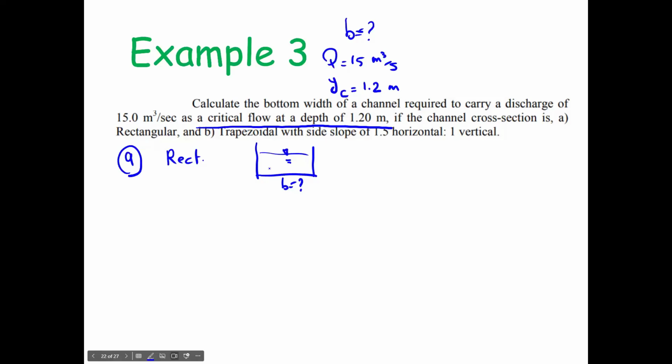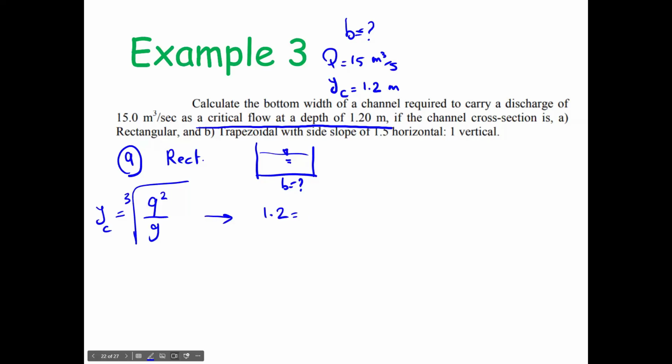So you have YC, you have discharge. It's rectangular. Just use the critical equation for rectangular. You had two situations. One for rectangular, which is easy. Two for the other stuff, which we don't want to use here.